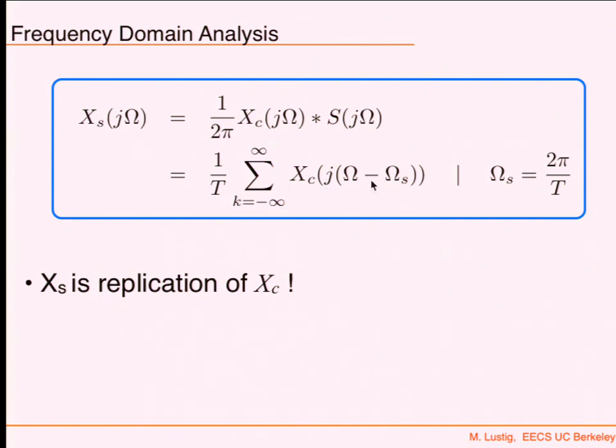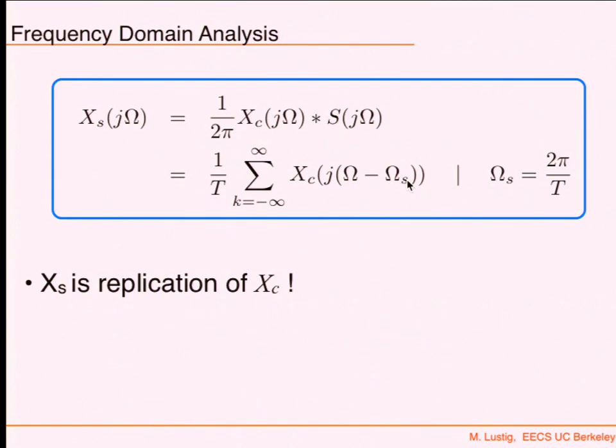And the replication is by omega sub s. If you convolve with a delta function, you get back your function. If you convolve with a shifted delta function, you've got your signal shifted by how much that delta function shifted. Now, if you've got a train of these, you're going to get your signal shifted and added on top of each one of these delta functions.